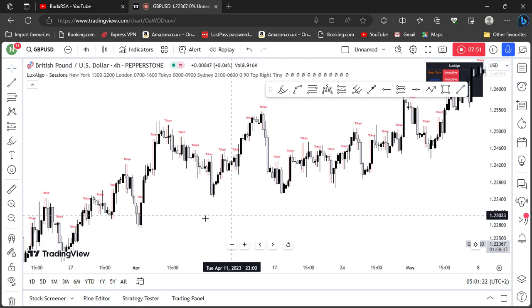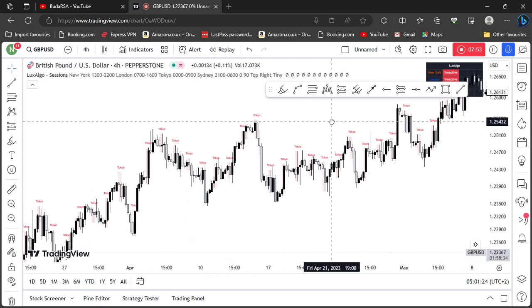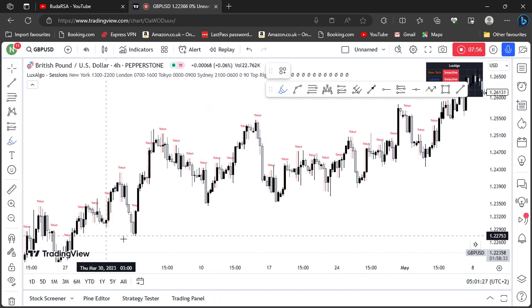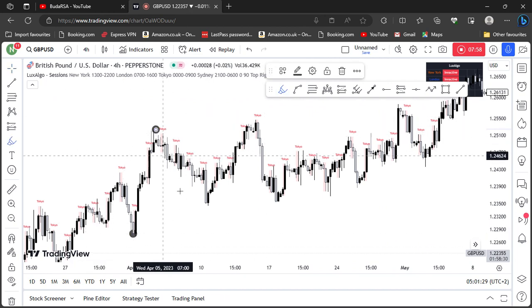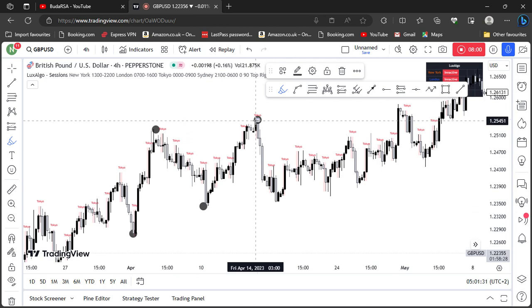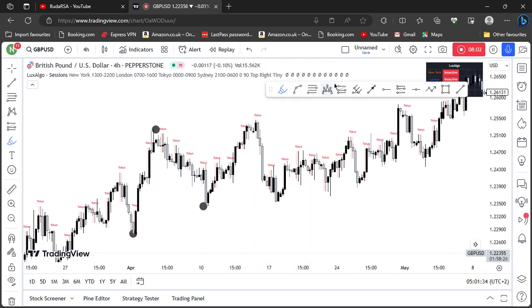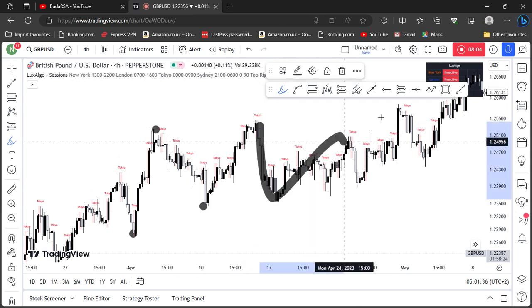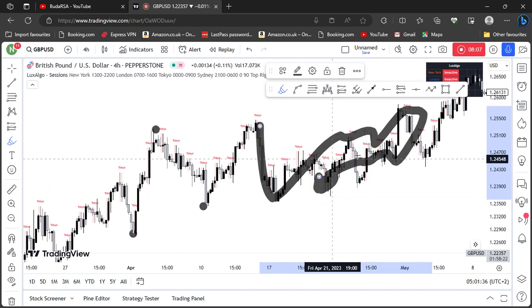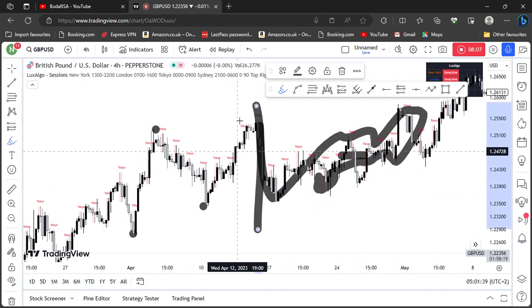So here I see that my price gave me this low, this higher high, higher low, higher high. Let's forget about this part of the price. Let's just pretend the price is still here, still moving here.